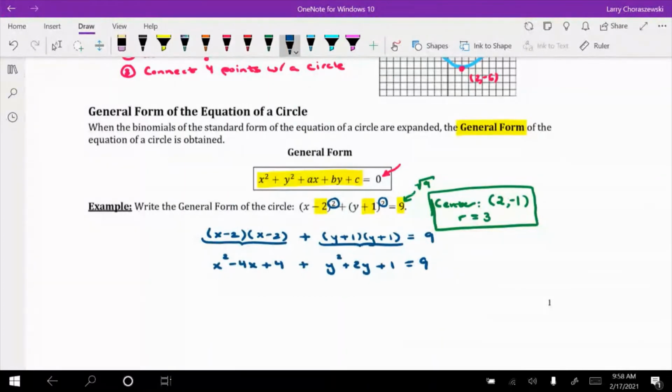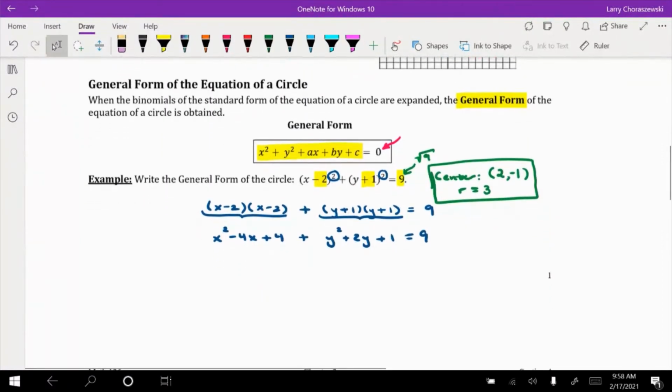All right, so we're looking at x squared minus 4x plus 4, and then y squared plus 2y plus 1. Sweet. Okay, so now that that's all FOILed out, we'll do our best to rewrite this equation in the general form format.